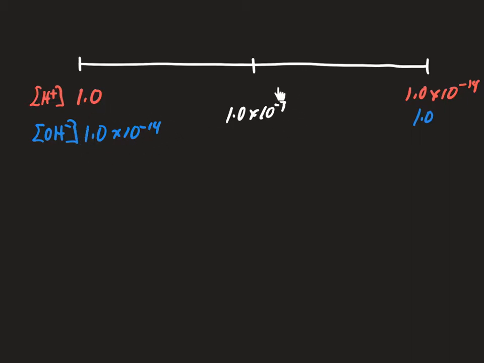And right in the middle is this 1 times 10 to the minus 7, where both hydrogen ion and hydroxide ion concentrations are the same, right? They're equal to each other at those concentrations, right?